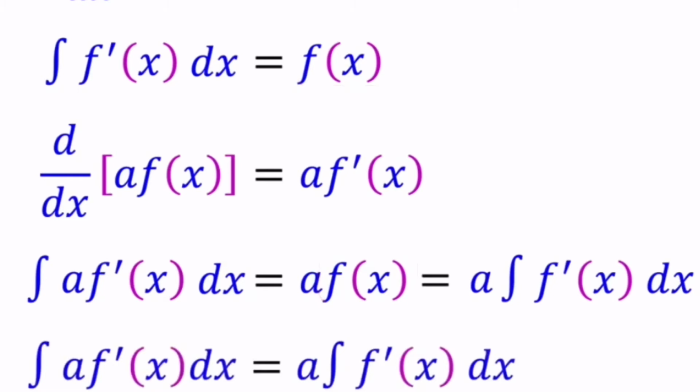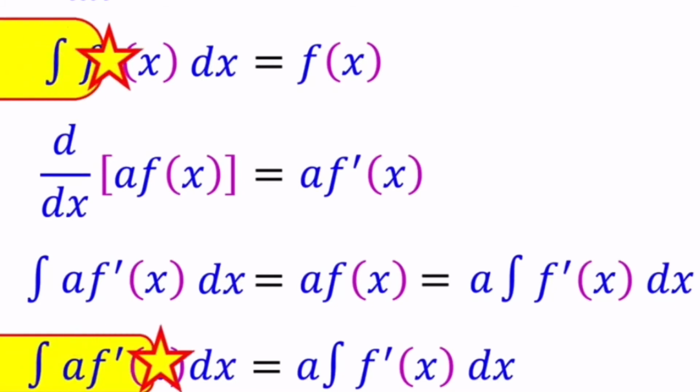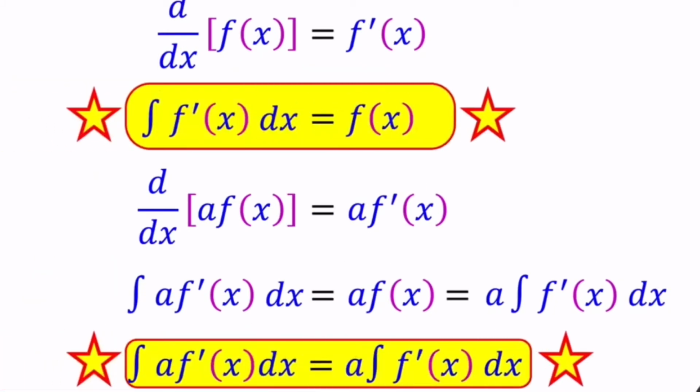So you can always use, maybe, y equal to x squared, dy/dx equal to 2x. So f'(x), let's say, is 2x, which is dy/dx. If you integrate 2x, you will get back x squared. X squared is the function f(x). If you differentiate, let's say, 2x squared, the constant you can just multiply.